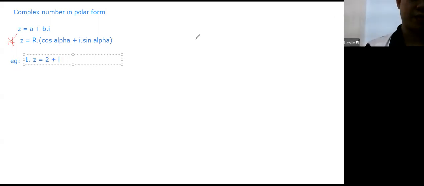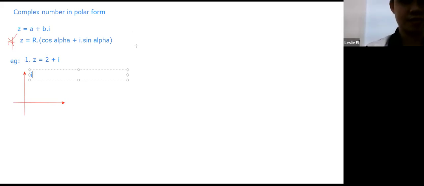If I ask you to plot onto an Argand diagram, remember this is the i axis. So you plot 2 and i, which means you find a 2 right here, and you find 1 right here.